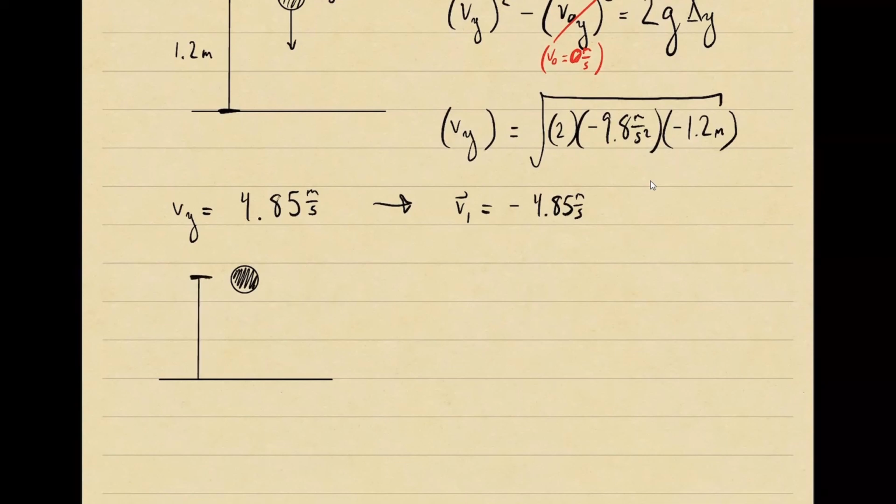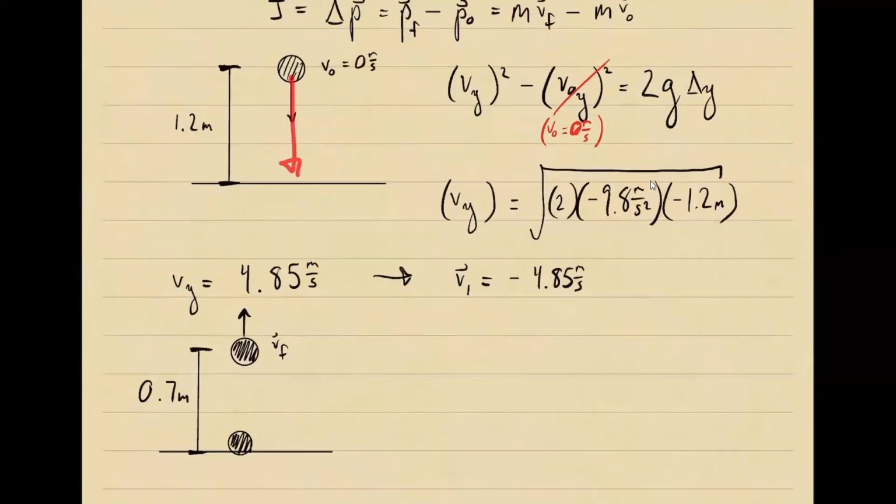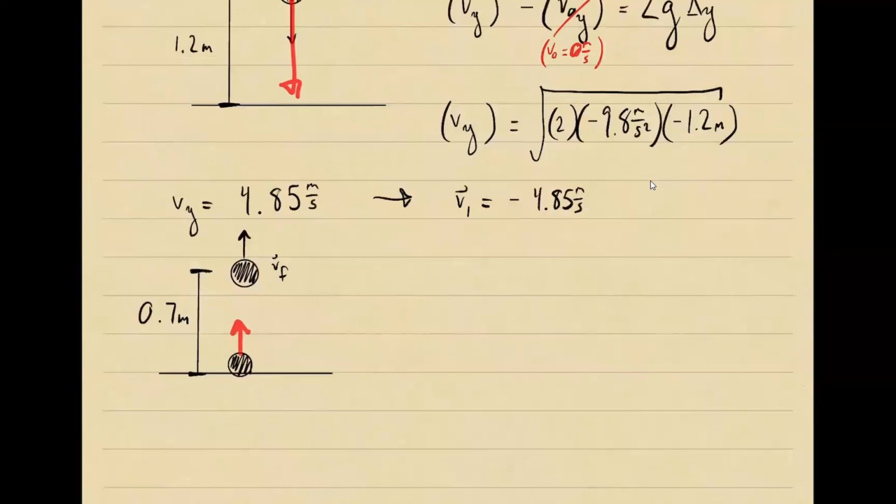So this height is now 0.7 meters. And now our ball is traveling upwards. So when the ball is being bounced back from the ground after hitting it, this first part, the ball comes down, hits the ground, and now the ball has changed its direction.